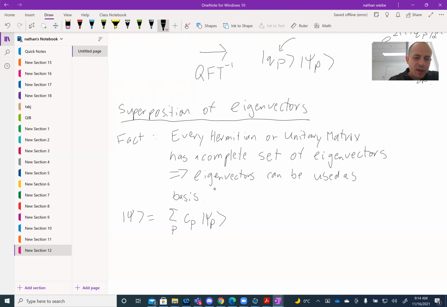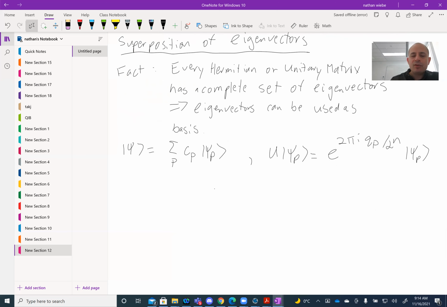Now, furthermore, the unitary matrix acting on psi sub p, just as we defined before, we're going to take to be e to the 2 pi i q sub p divided by 2 to the n, psi p. All right, fantastic. So now, what happens when we apply phase estimation to psi?